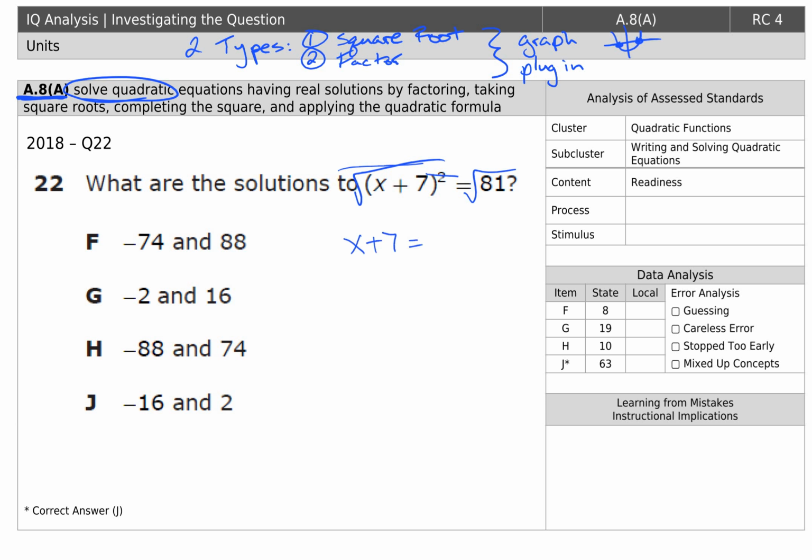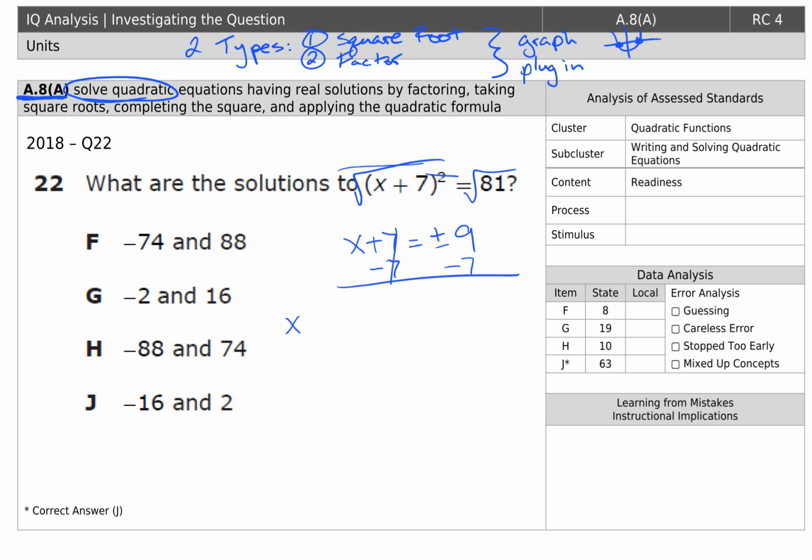The square root of 81 is positive or negative 9, because positive 9 times itself is 81, but also a negative 9 times a negative 9 is equal to a positive 81. Then we want to get the x on its own, so we subtract 7, the inverse operation, to get rid of the positive 7.